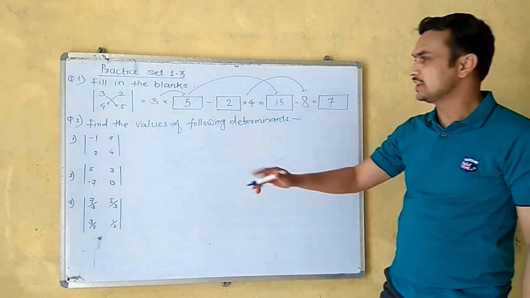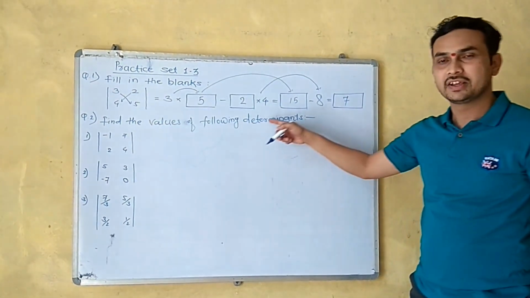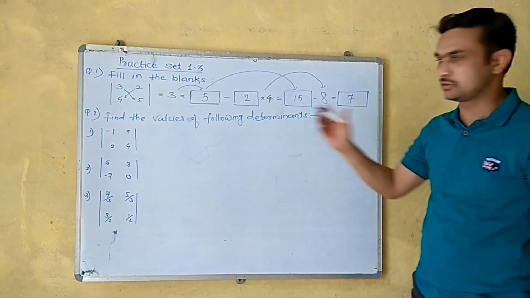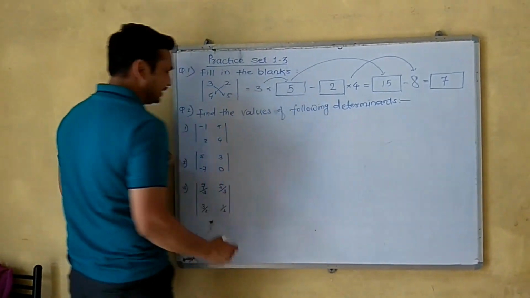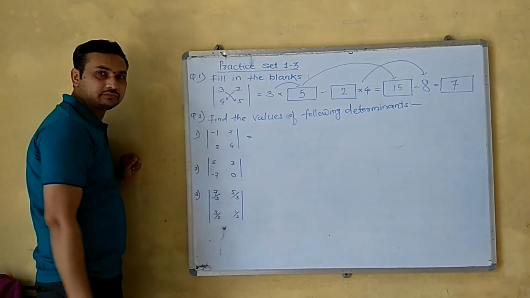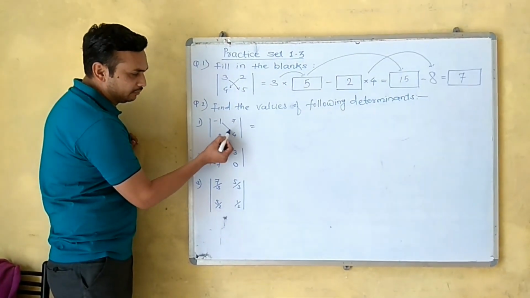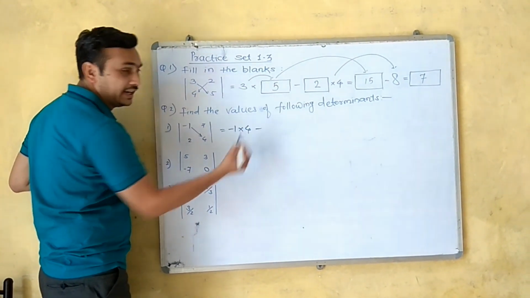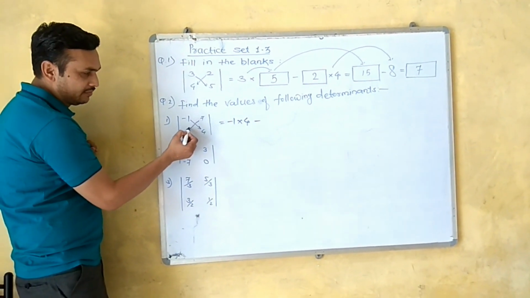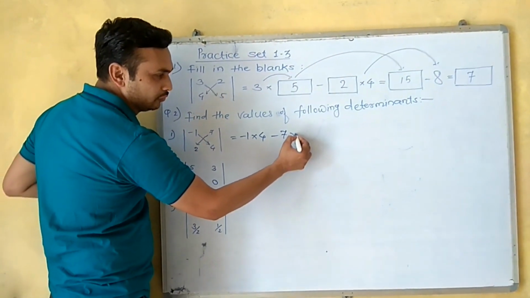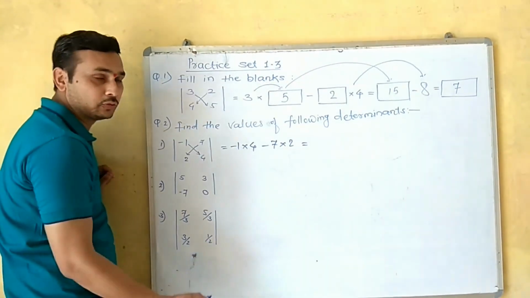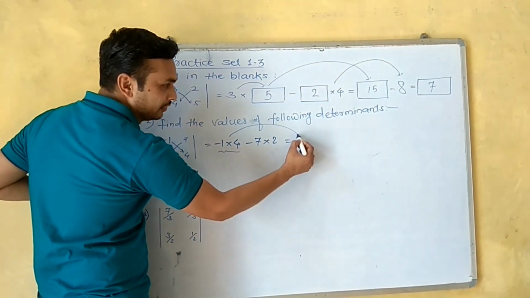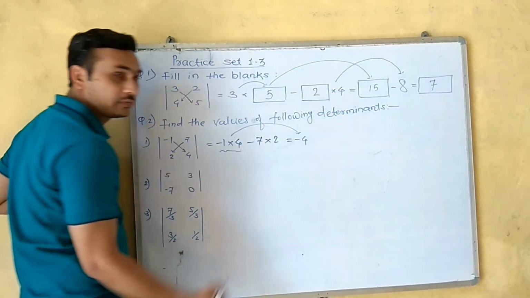Now similarly, see question number 2. Find the values of the following determinants. Now see the first one. That is equal to minus 1 multiplied by 4 minus 7 multiplied by 2, that is equal to minus 1 into 4, that is minus 4.